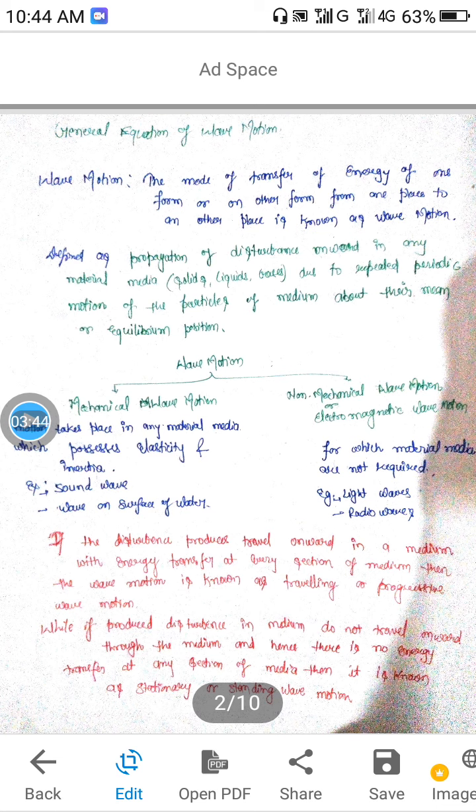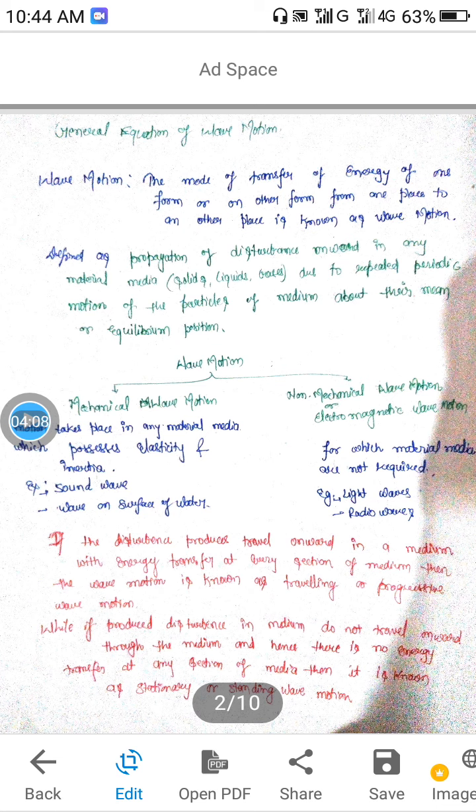Mechanical waves are those which need a medium to propagate from one place to another place. Such waves which need a medium to propagate are known as mechanical wave motion.